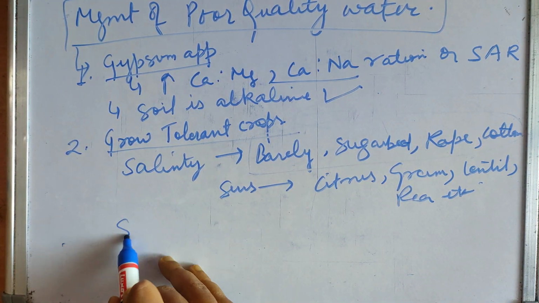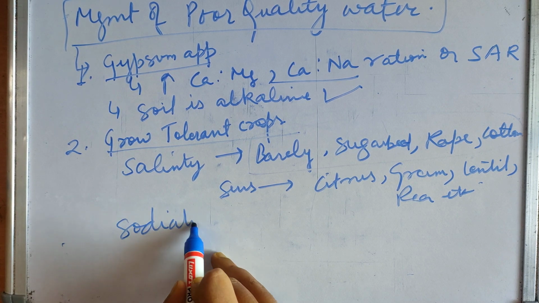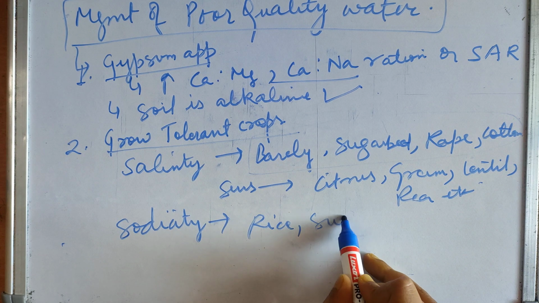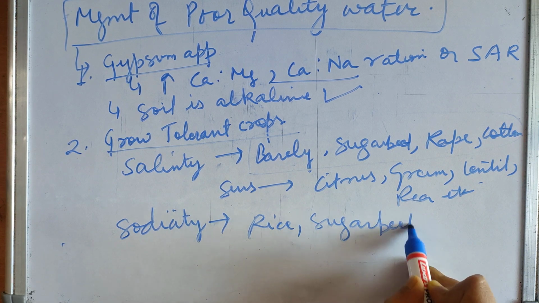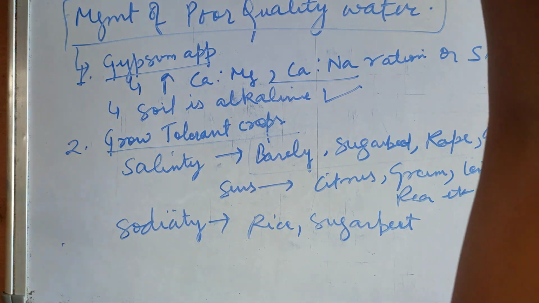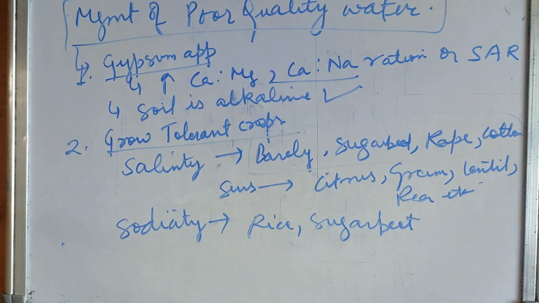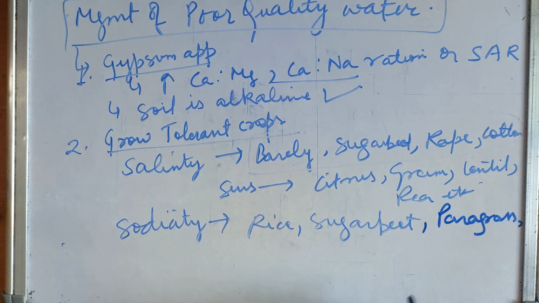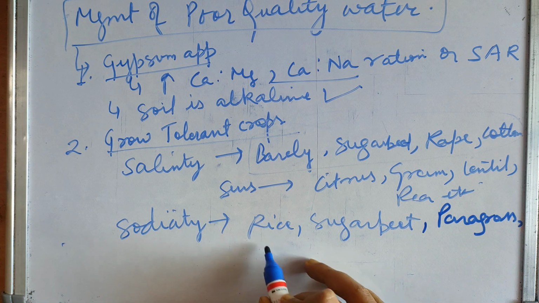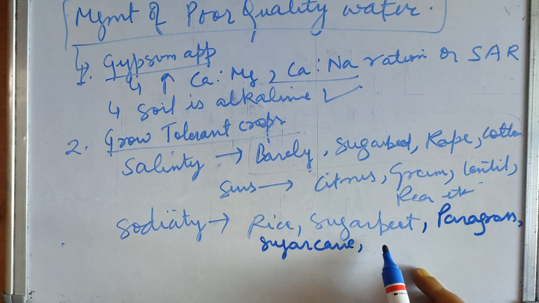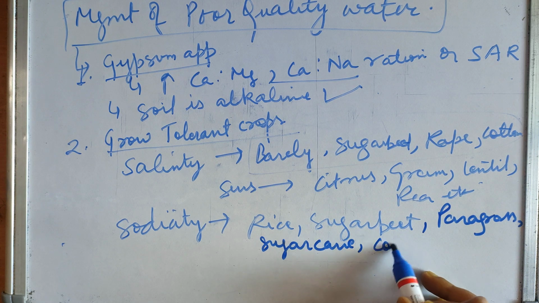For sodicity hazard, the tolerant crops are rice, sugar beet, paragrass, sugar cane, cotton, millet.